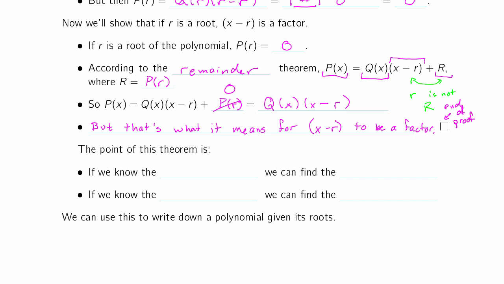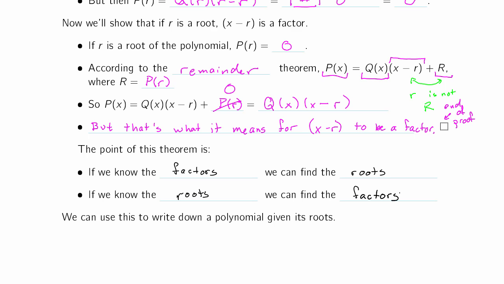And this time we actually are going to make some comments on it. What this theorem tells us is that if we know the factors, we can find the roots. We already knew that we could do that. But also, if we know the roots, we can find the factors.